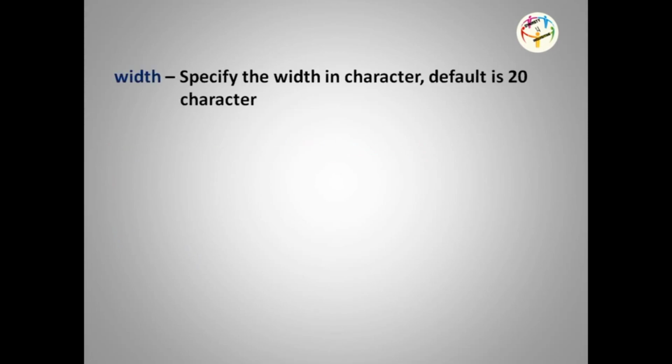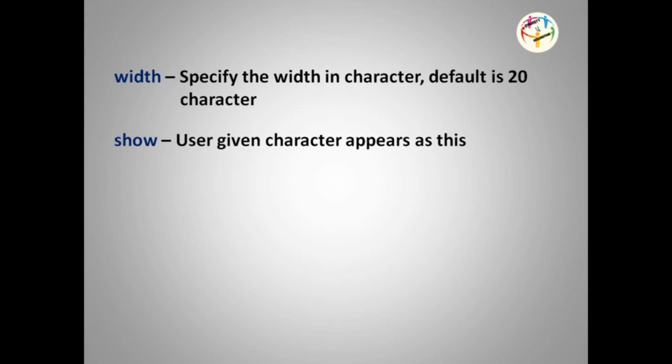Next parameter is width parameter. We can specify the width in character, and default is 20 character, and we can specify as per our requirement. Next, show parameter. Show means suppose we want to accept any password from the user.